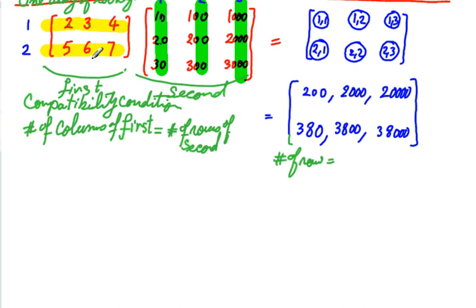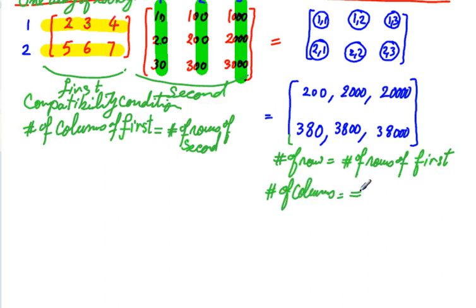Number of rows of your first matrix. And of course the number of columns of it is equal to the number of columns of the second matrix.